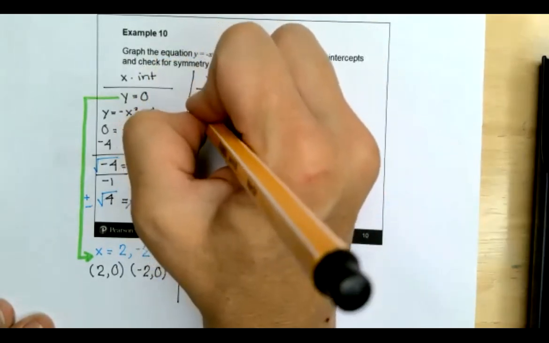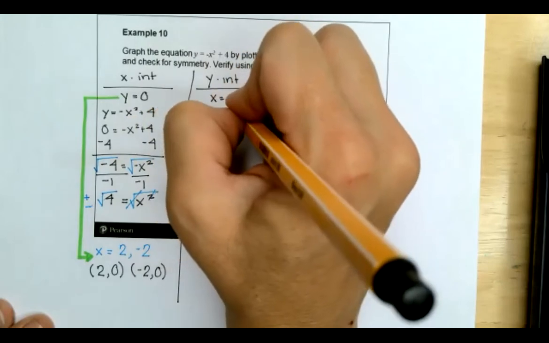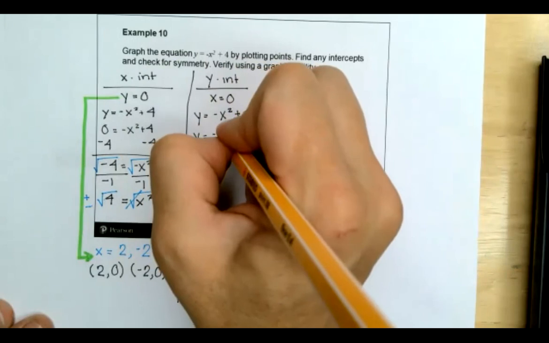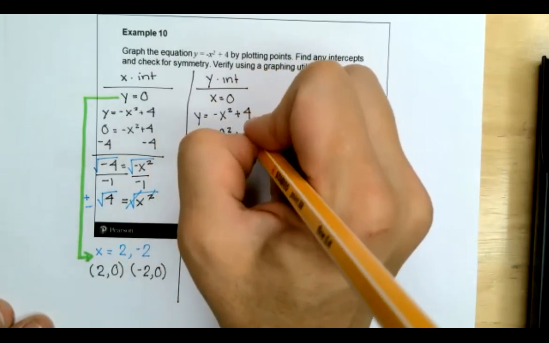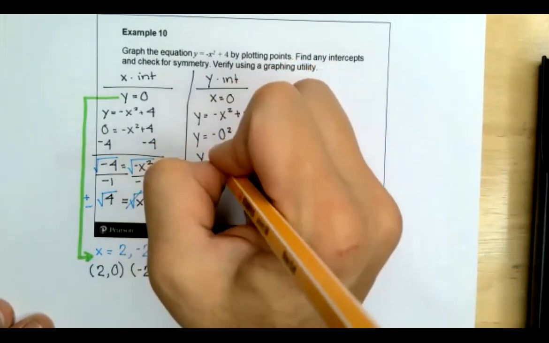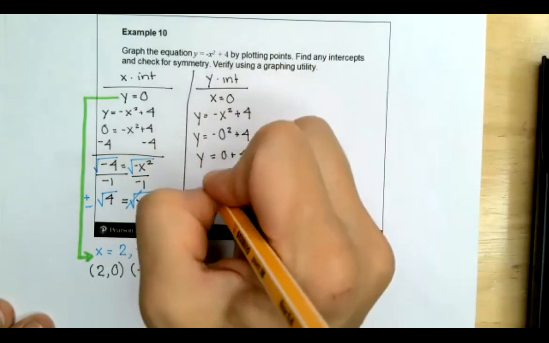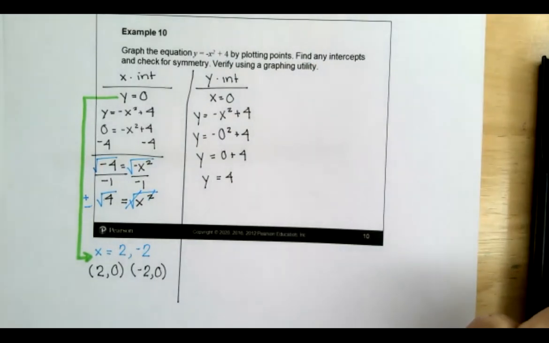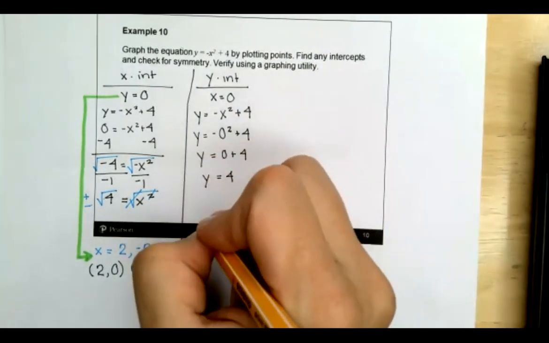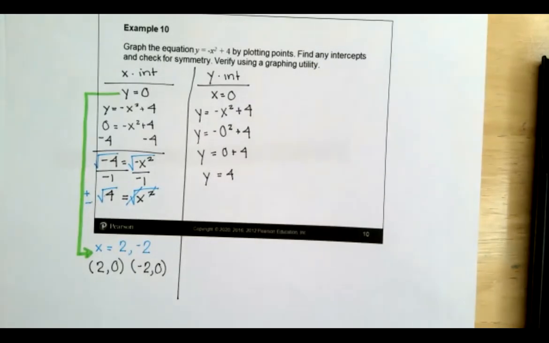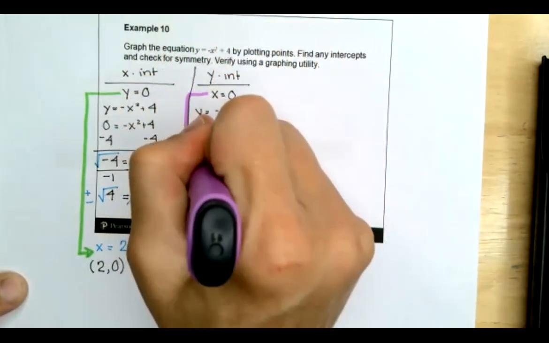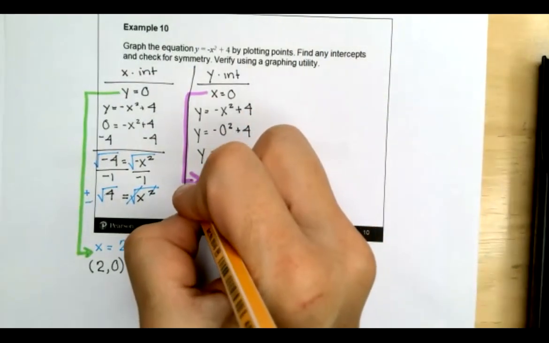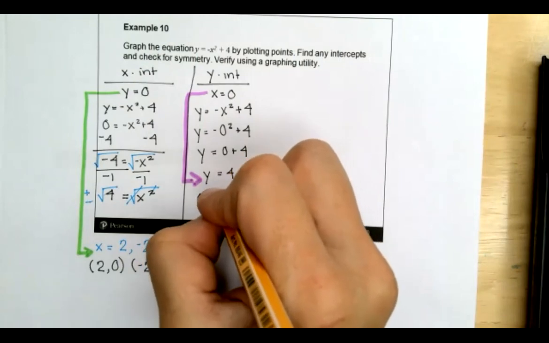Same equation, y equals negative x squared plus 4. y equals negative 0 squared plus 4. y equals 0 plus 4. y equals 4. Good. So that means when x is 0, y is 4. That becomes the point 0, 4.